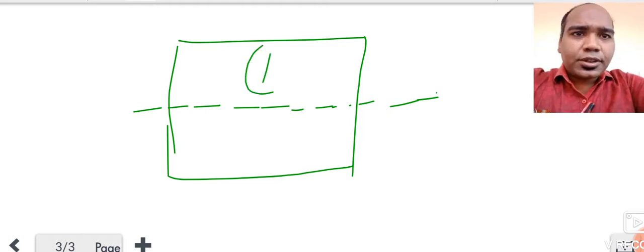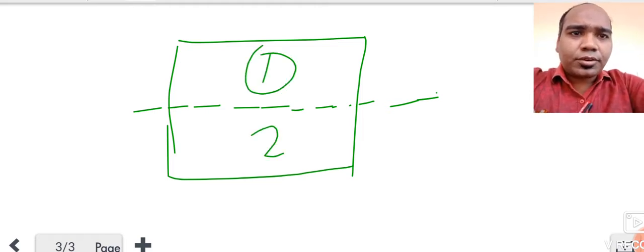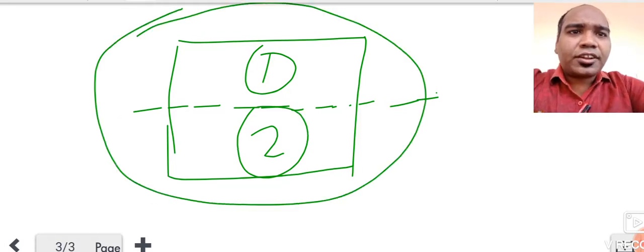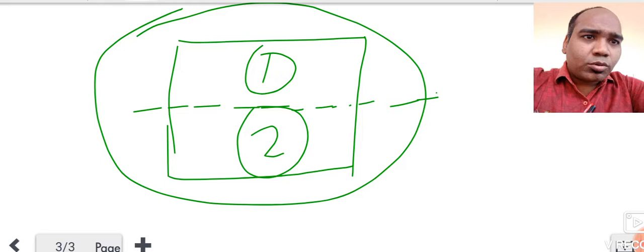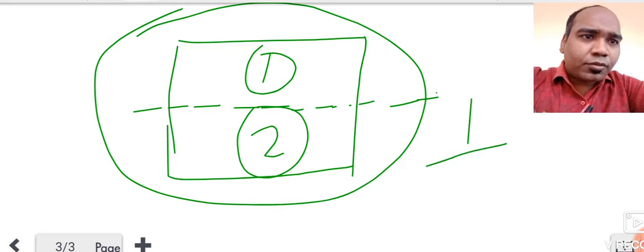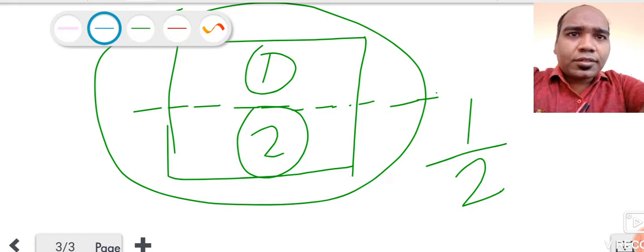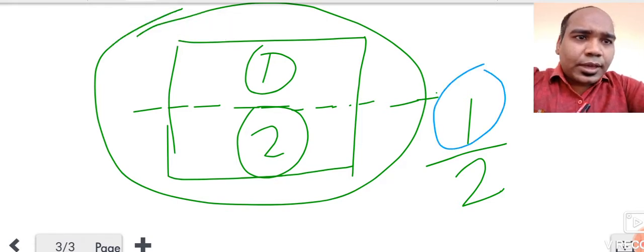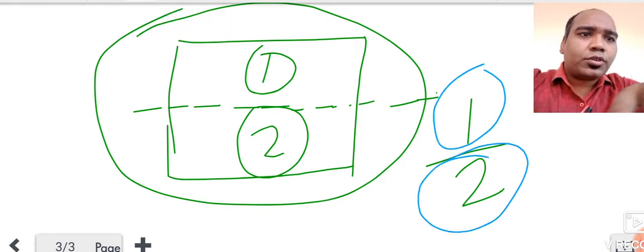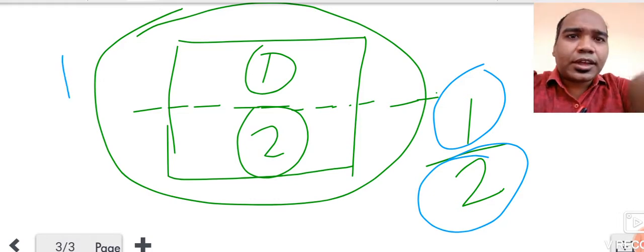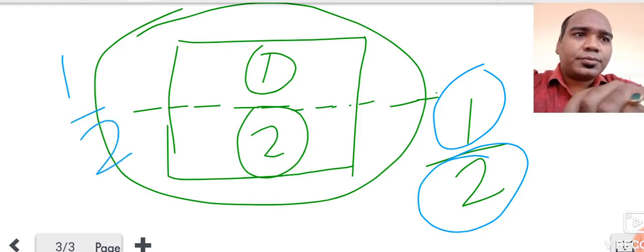One part is this one and one part is this one. Total two parts. So this whole is divided into two parts. So in fraction how do we write? 1 by 2 means we have divided one page into two equal parts. So in fraction we write 1 by 2.